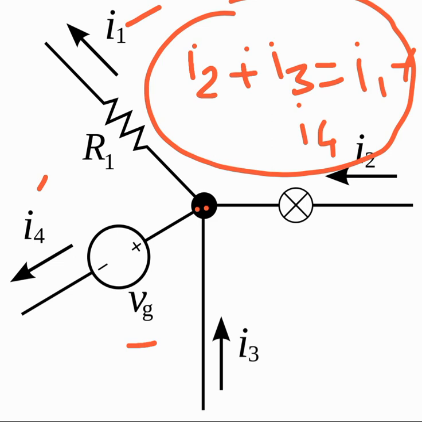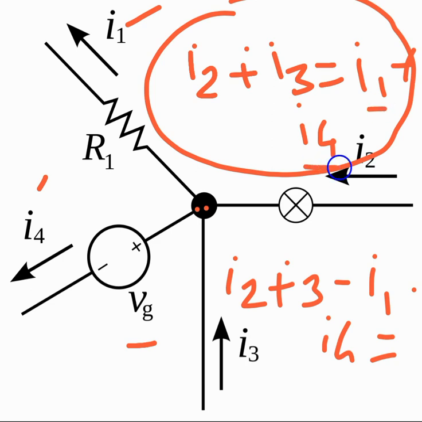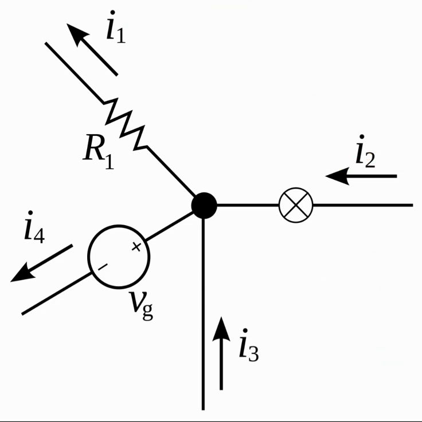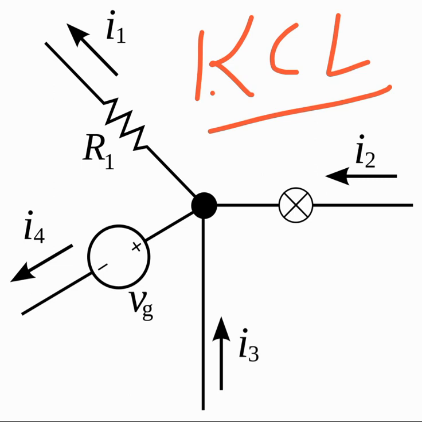It means the same equation I can write as I2 plus I3, these are the positive currents, minus I1 minus I4 is equal to 0. I am just taking I1 and I4 before the equal sign and I get this equation right here. That's how you can understand the first law, which is called Kirchoff's current law, KCL.